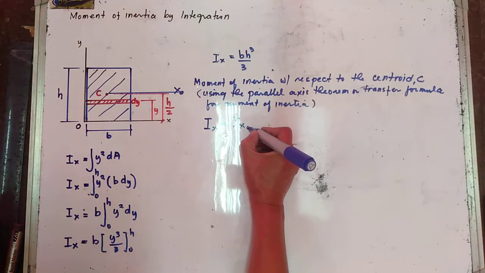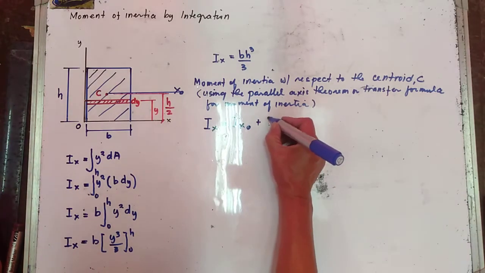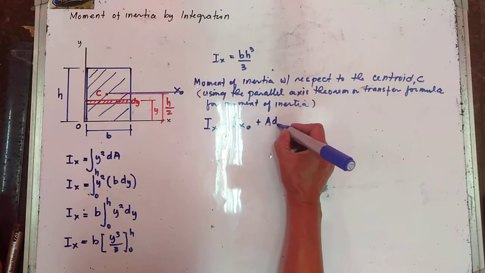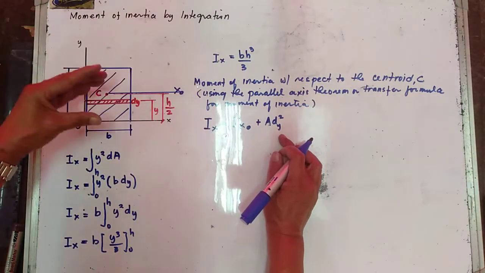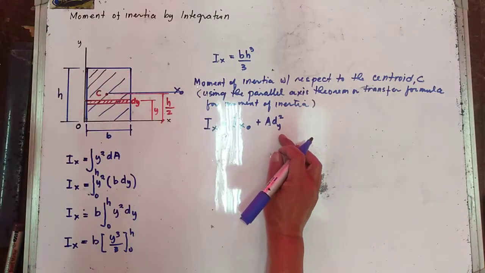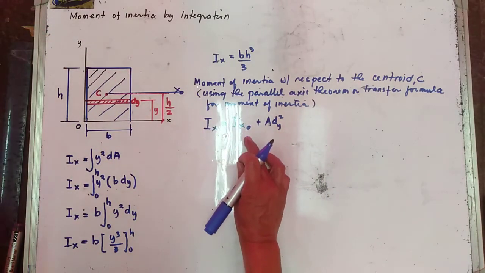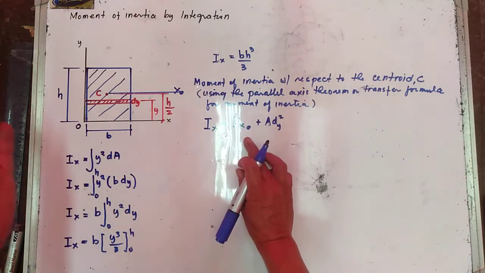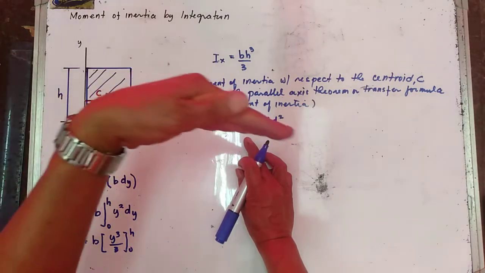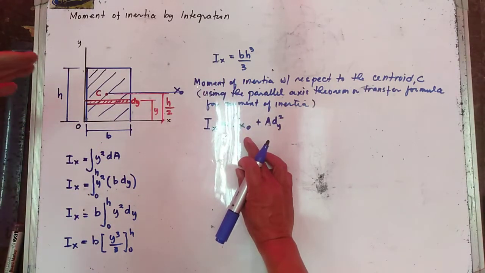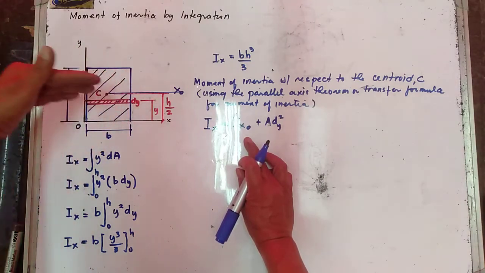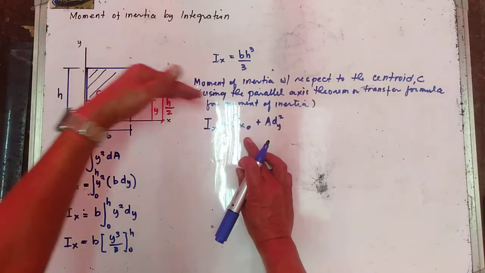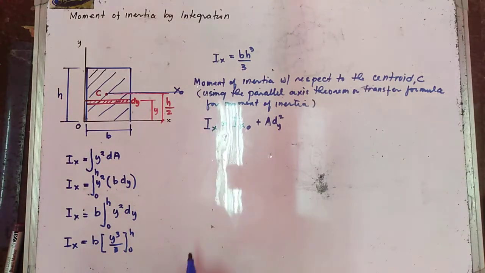That is now IXO plus AD, that is now y squared. So we get the distance which is parallel to the y-axis. Now, your IXO, if you try to recall your parallel axis theorem, the axis corresponding to the centroid of the area considered is x prime. At this time, I'm going to consider this axis as x of O.